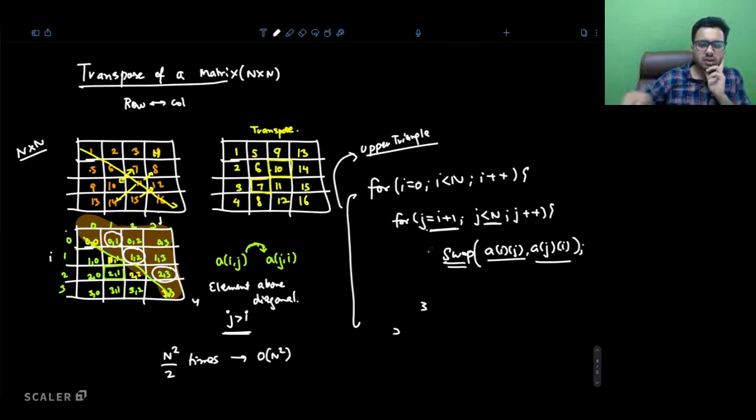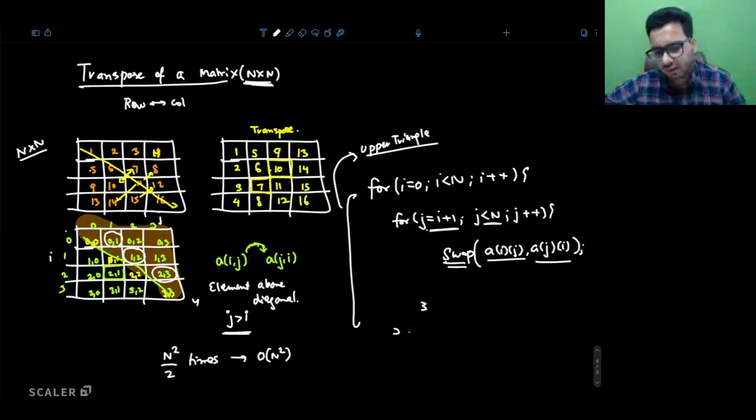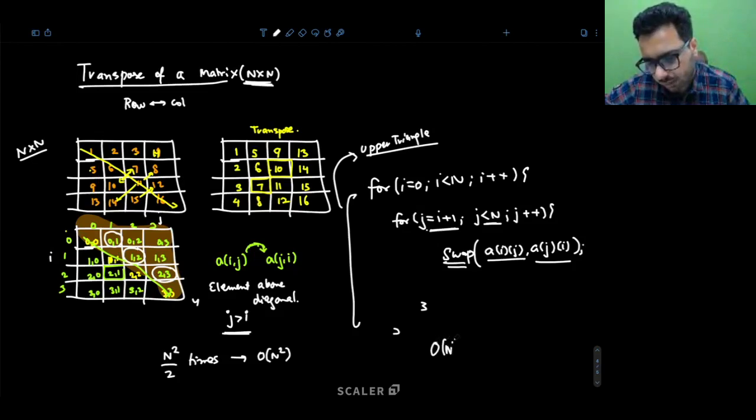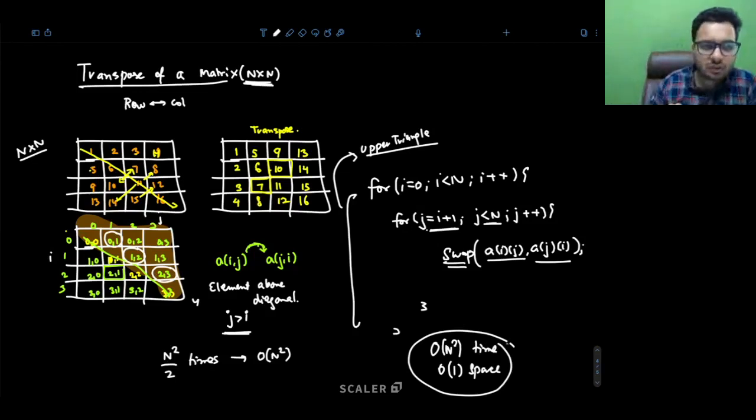No, no. I'm saying it's a square matrix, so the dimension will not change. So this is optimal in terms of space complexity. Yes, it is optimal. We are using n square time and order one of space. Absolutely correct. So it is an optimal way of doing it.